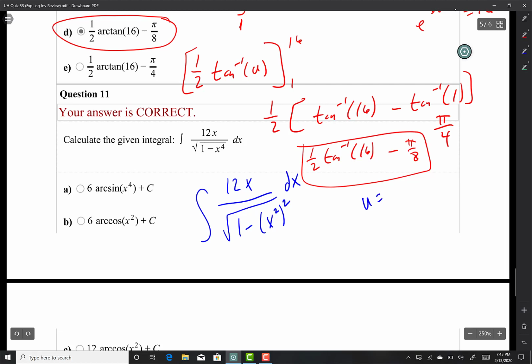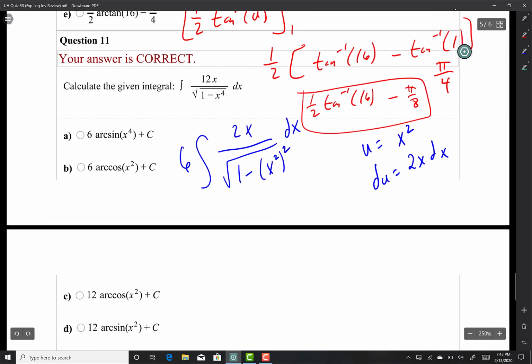So u is going to be x squared. Du is going to be 2x dx. I need a 2x dx. So factor out a 6 from this. So if you put a 6 on the outside, then you can put a 2 there. So there it is. 6 times 2 is still 12. There was no need to really balance it out too much. So now we're good. So 6 integral 1 over the square root of 1 minus u squared du.